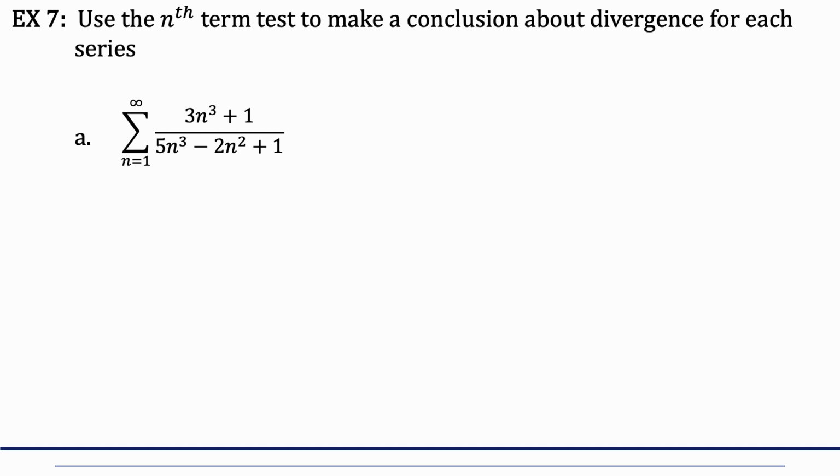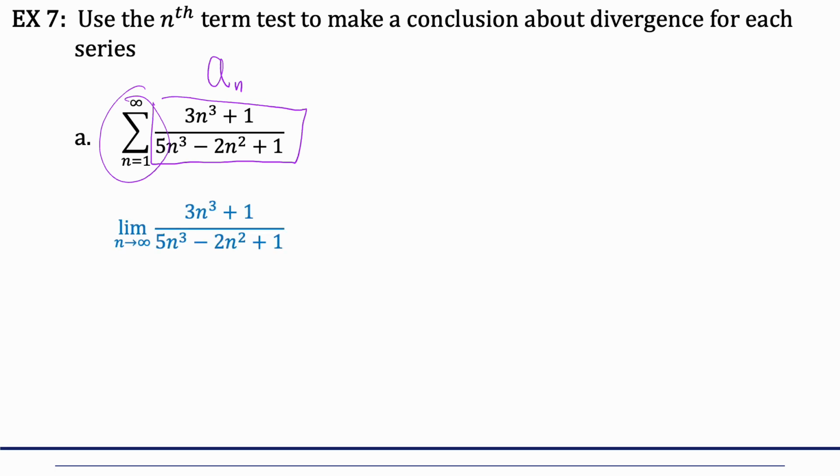Use the nth term test to make a conclusion about the divergence for each series. Okay, so this right here is talking about all of the terms, and this says we're going to add them all up. So let's see what's happening as n approaches infinity to the terms. So we'll take the limit as n approaches infinity of that a sub n. And let's see, we've got matching powers on the top and the bottom, so we can just look at the coefficients.